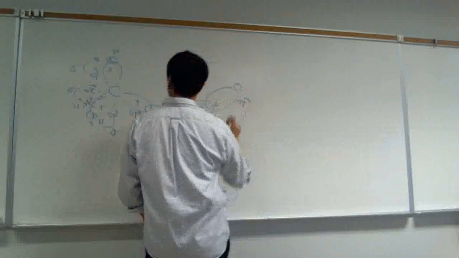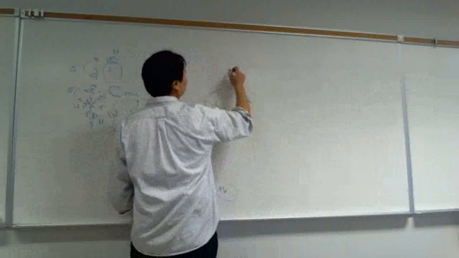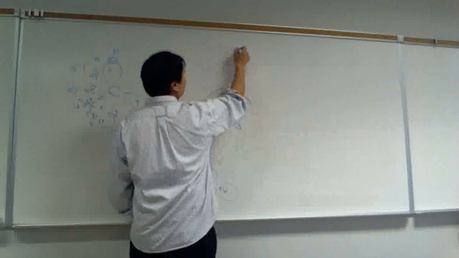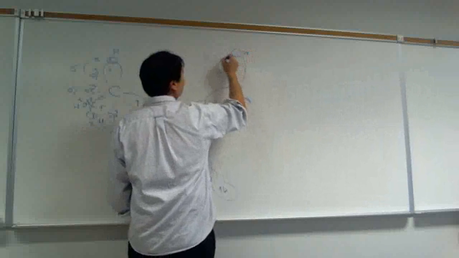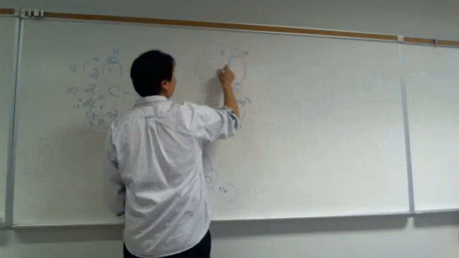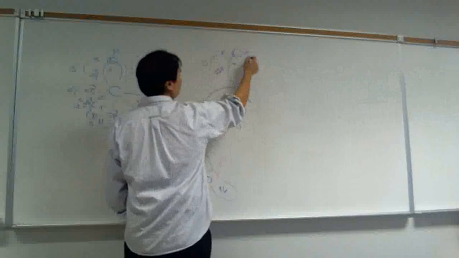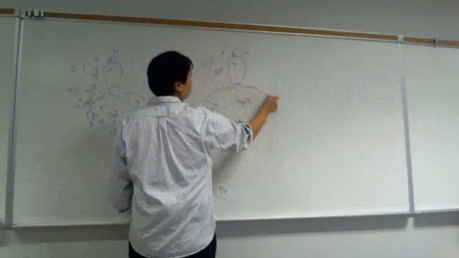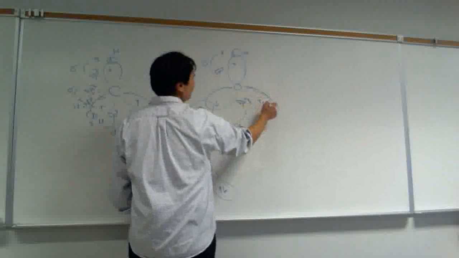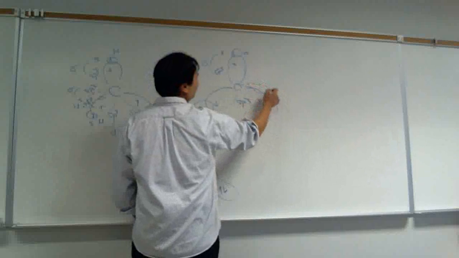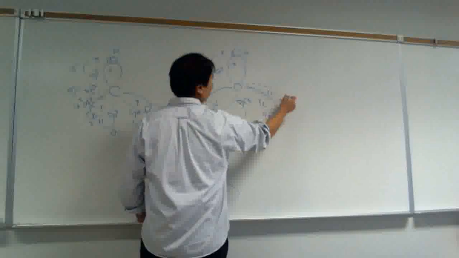So maybe I'll just go ahead and go up here. There's a hydrogen here, an sp3. This would be sigma, right? And then we have 2 lone pairs, 1 lone pair sticking out, 1 lone pair sticking in these sp3 orbitals here.